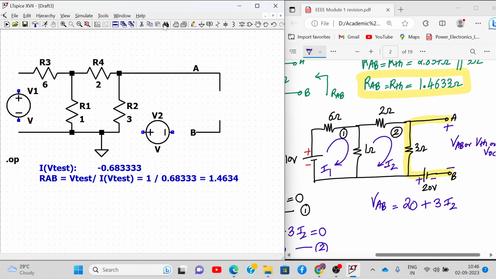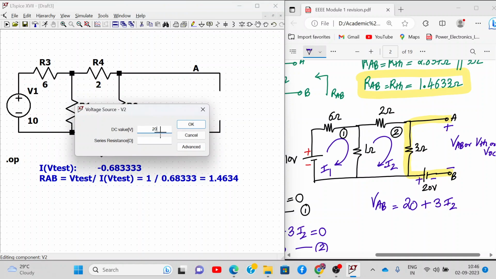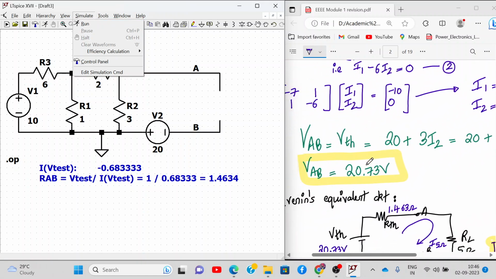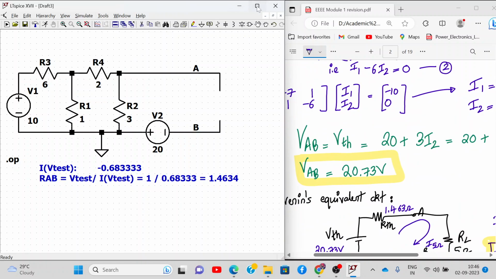I need to connect them back to calculate VTH. This value is 10 volt, this value is 20 volt, and we need to calculate VAB. I'll click on simulate, run. I know VAB: 20.73, right? Let's see whether we get it or not.